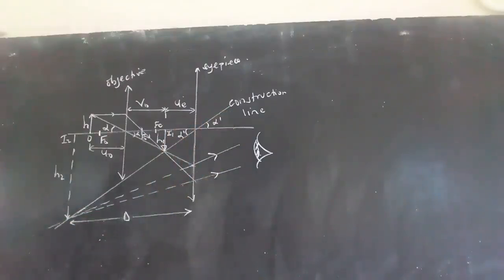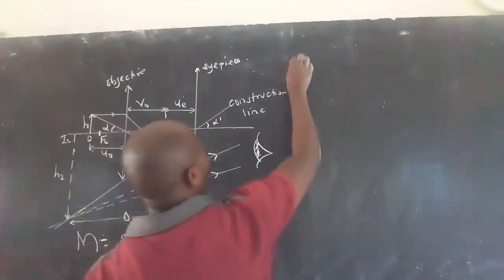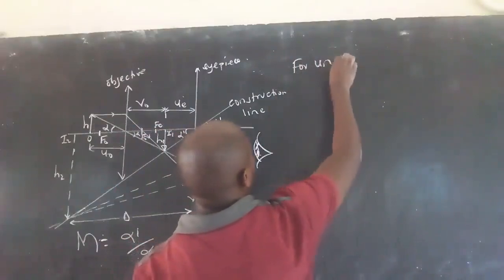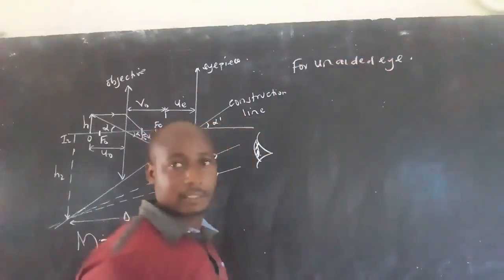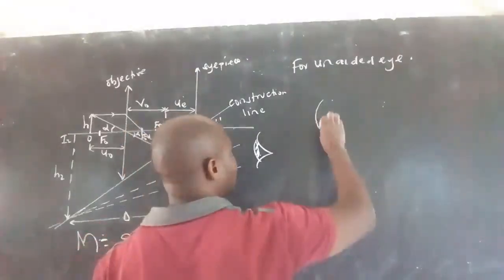Then from here, we shall say that magnifying power is equal to alpha prime over alpha. Then for unaided eye, we have the eyes here.